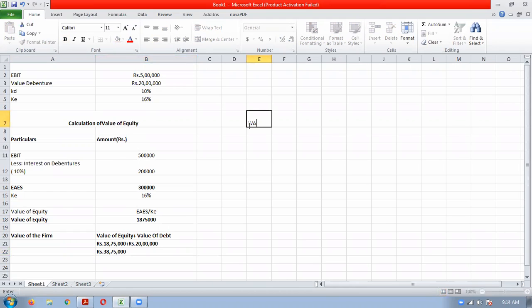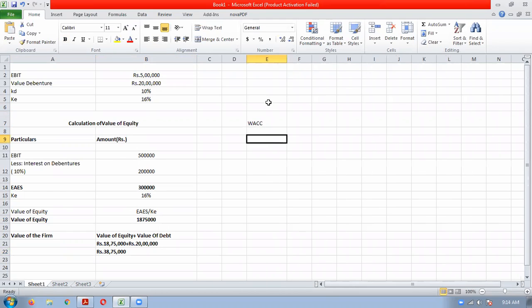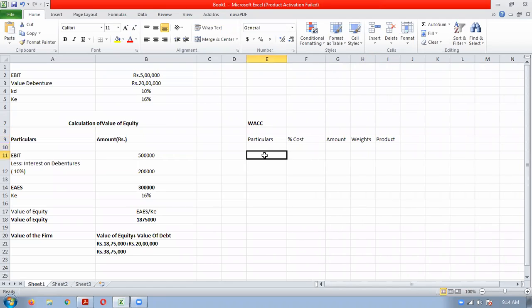Now we can easily calculate the weighted average cost of capital. It is very simple. Particulars, percentage cost, amount, weights, product. In this company, two capital are there. One is equity, one is the debenture. Percentage of equity is 16%.